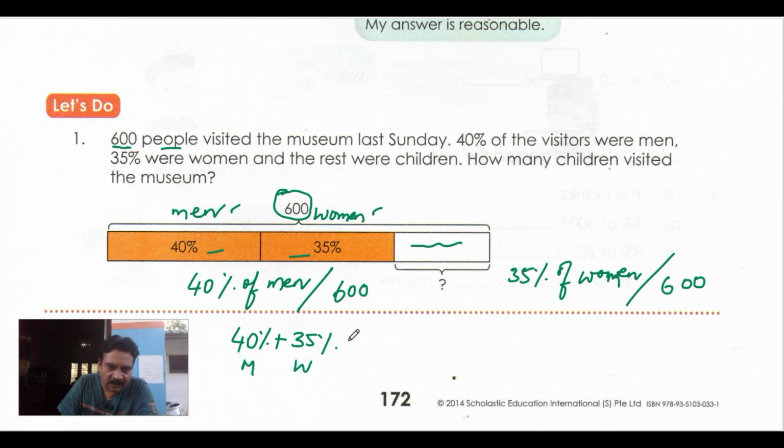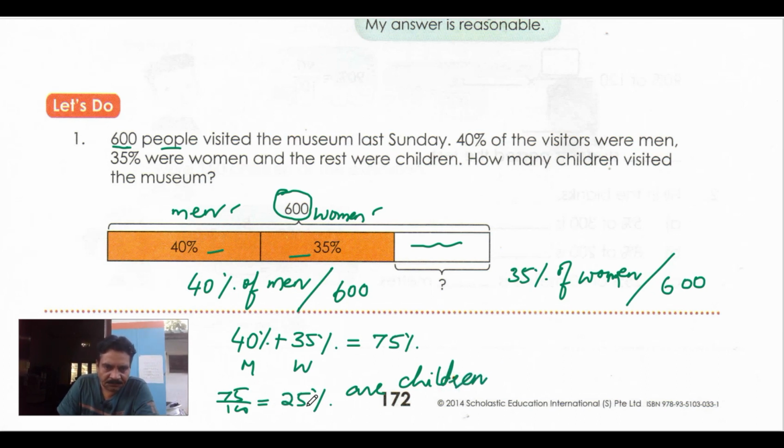Both if you add, it becomes 75%. 75% means 75 out of 100, right? So the remaining 25% are children. Yes or no? Yes. We can do it in this way.